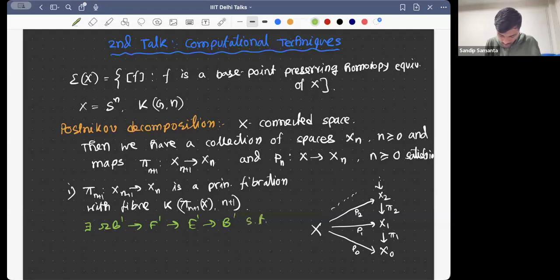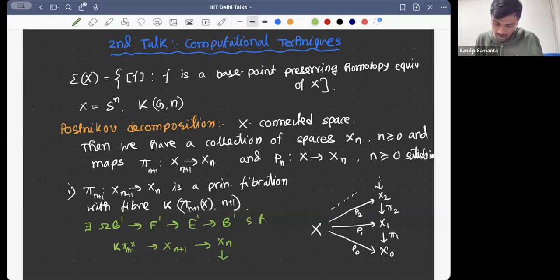So X_(n+1) to X_n, and this is the fiber K(pi_(n+1) of X, n+1), that's the Eilenberg-MacLane space. Here G is the (n+1)th homotopy group of X. So this is the fiber, and we have the below maps E', so that all the vertical maps are homotopy equivalences, and this diagram commutes.